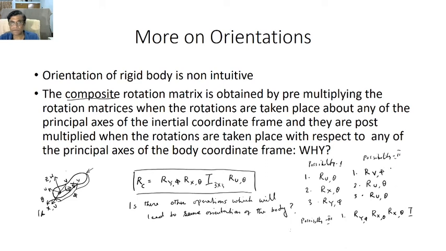Because here, what you will get is like this, and then this is the order V phi, then U theta, then U theta. Since all the rotations are about some of the principal axes of the body coordinate frame, we are actually post multiplying.